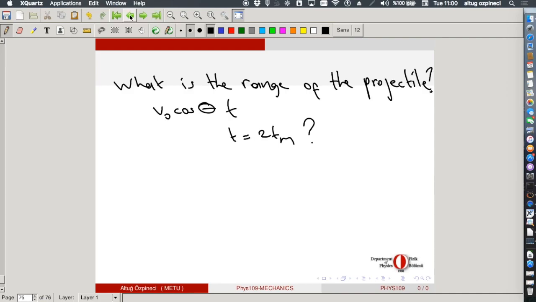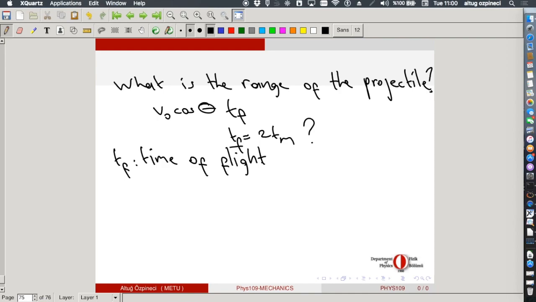How can you calculate the time of flight? From the distance?